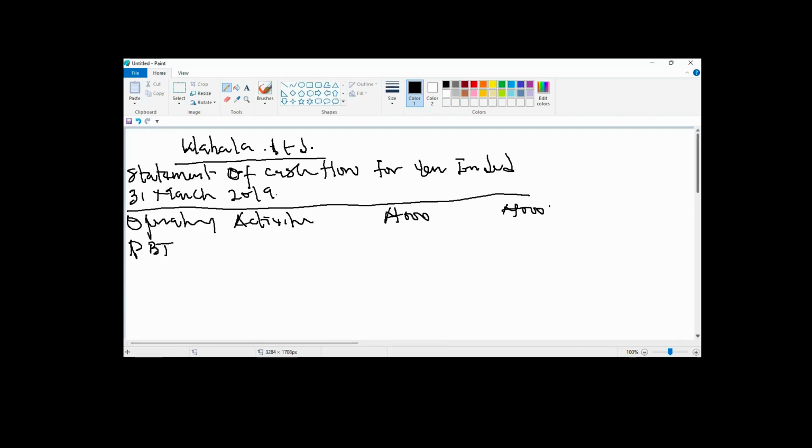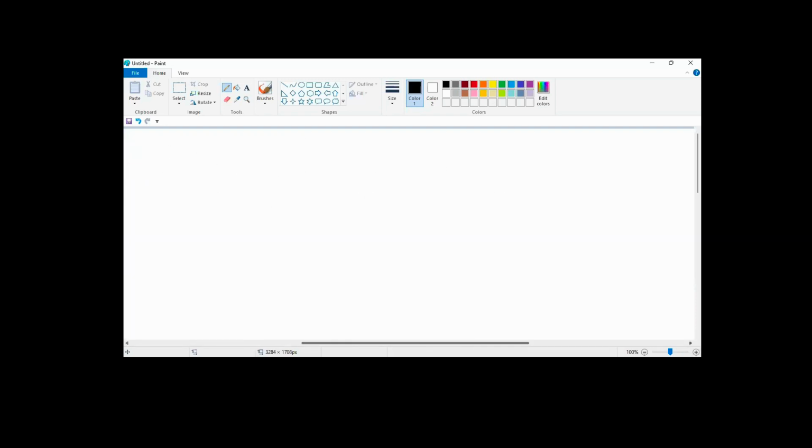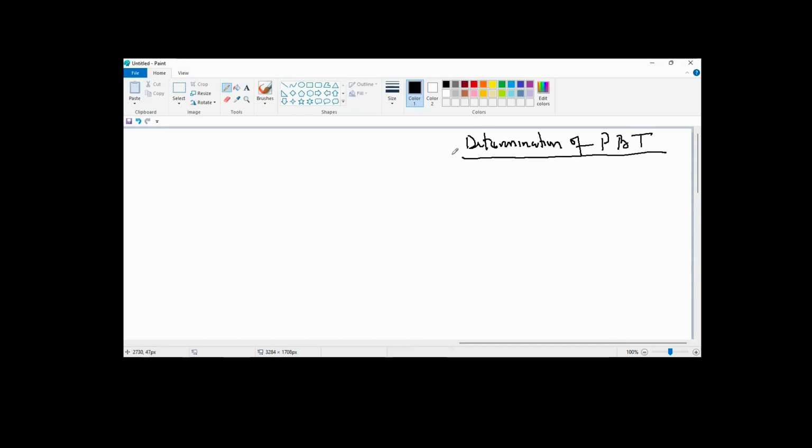I will go and get my profit before tax using the formula for the calculation of dividend. Don't forget to calculate dividend. I'll say determination of profit before tax using the dividend formula, because they will give you the dividend paid in additional information.